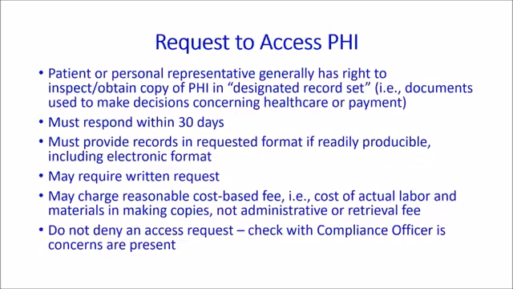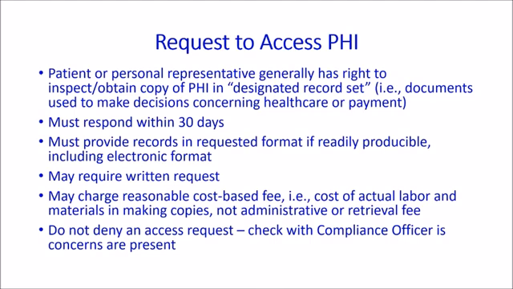Patients or their representatives do have the right to inspect or obtain a copy of their PHI that is residing in a designated record set. The designated record set includes any documents used to make decisions about the healthcare or payment of the patient, but does not include EMR bulletin boards, complaint letters, or responses to other extraneous writings. When requests to access PHI are received, they must be responded to within 30 days.